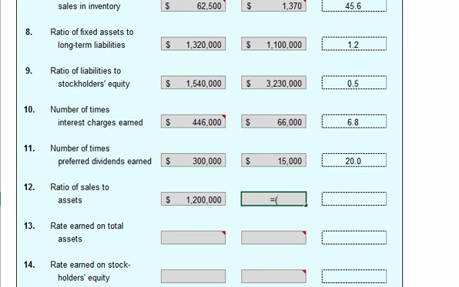So last year's total assets were $4,355,000 minus long-term investments, which were $2,200,000.